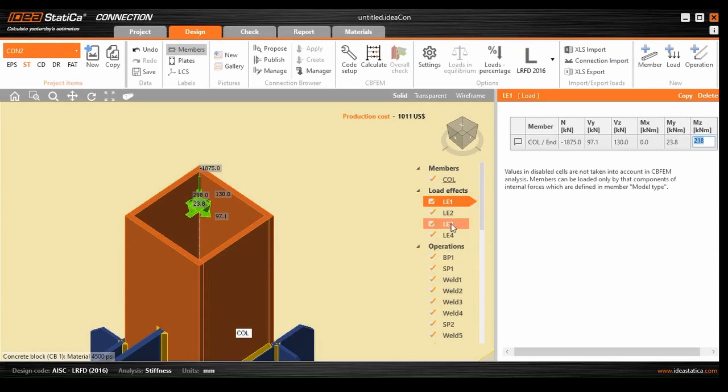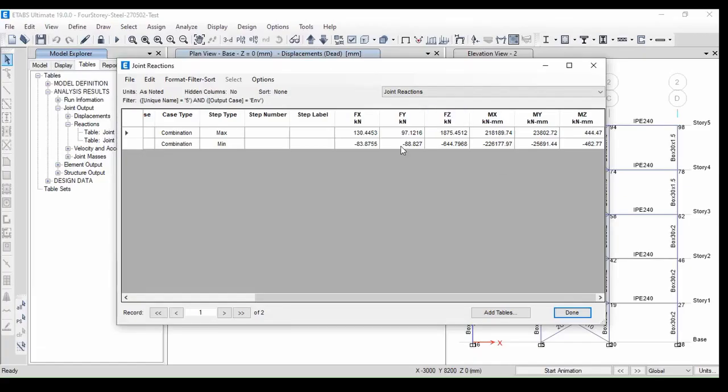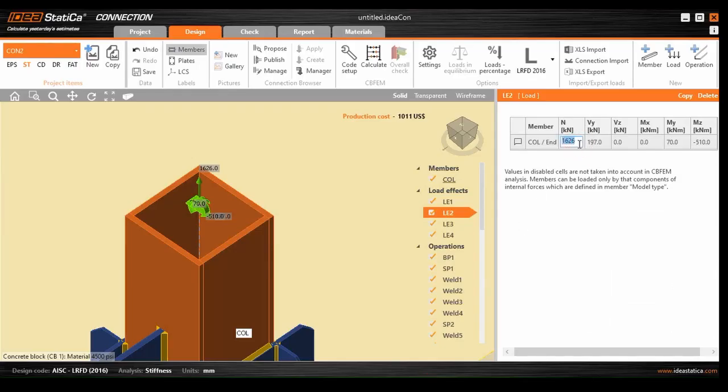And go to LE2. Here in LE2 we have minus 644 kilonewton as tensile force. 644.